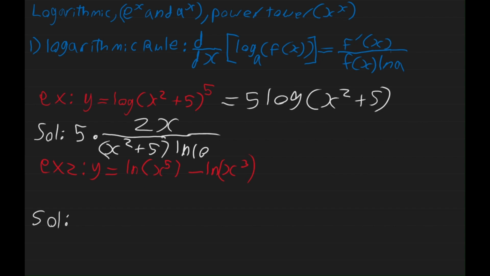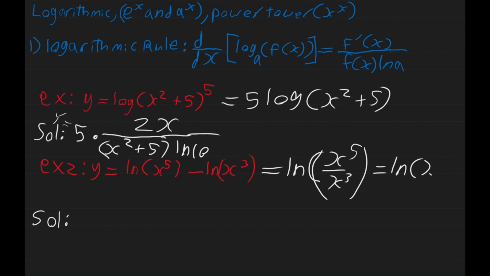Okay, now to look at this example, we write y dash is equal to. Here we have ln x power 5 minus ln x power 3. We can say that it's ln of x power 5 over x power 3, which is equal to ln x power 2. Now to differentiate ln x power 2, of course we can put the power 2 next to the ln.